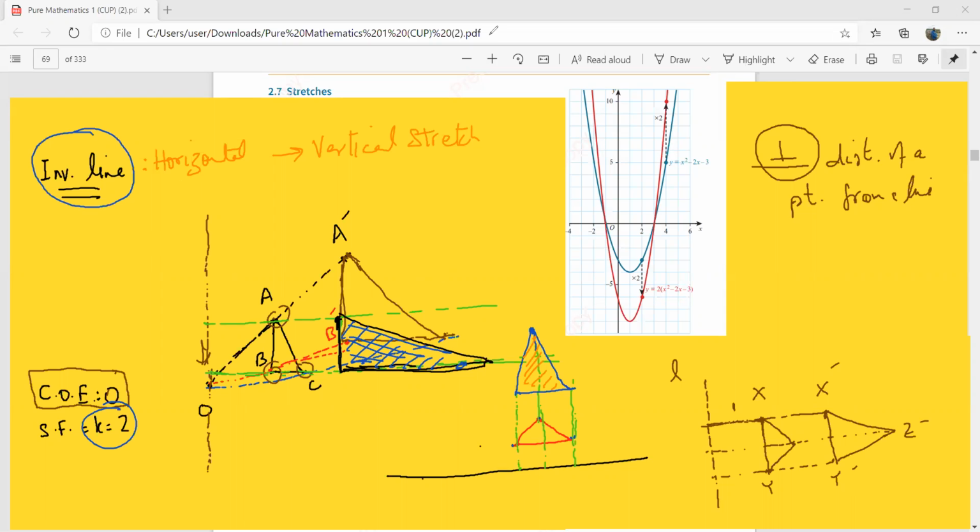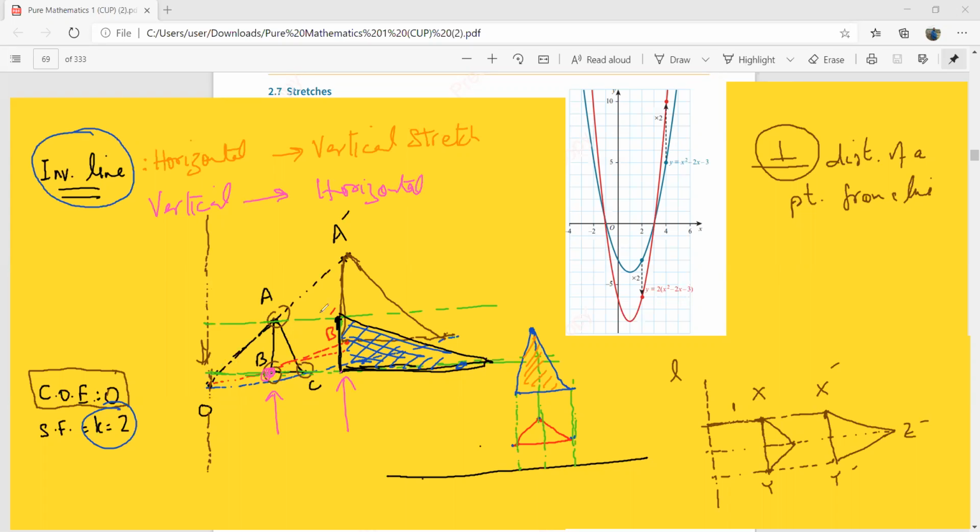And similarly, if there is a vertical invariant line, okay, then you have the horizontal stretch. So you must know that in a horizontal stretch, this x coordinate over here is going to be twice this x coordinate over here, if this invariant line is the y axis.